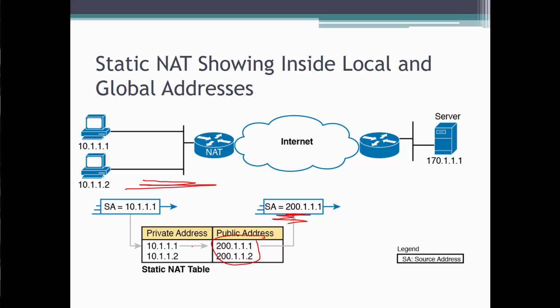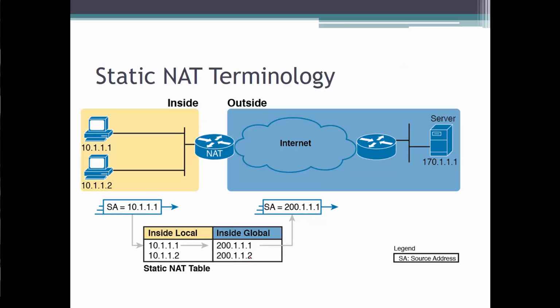So 10.1.1.1 is going to map over to 200.1.1.1, where 10.1.1.2 will be mapping over to 200.1.1.2. We could do what's called static NAT, and that means it's a straight one-to-one. This guy will always map to that guy, and 10.1.1.2 will always map to 200.1.1.2. These will all map one-to-one to each other.